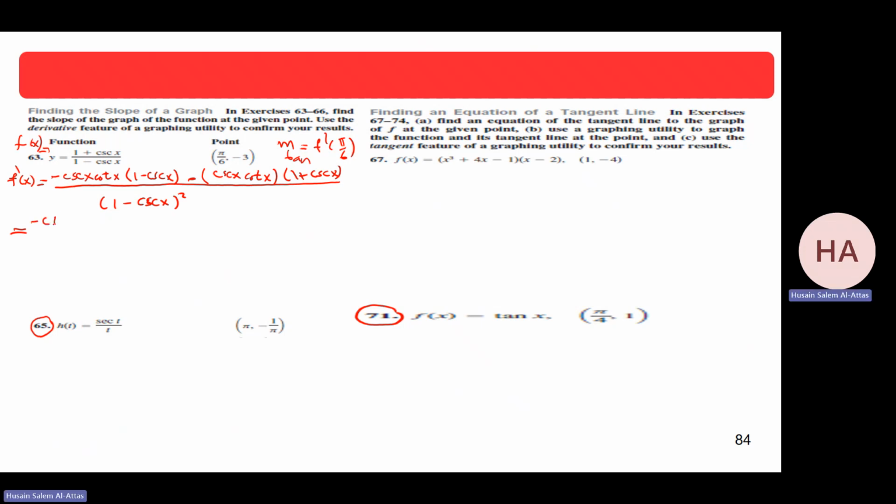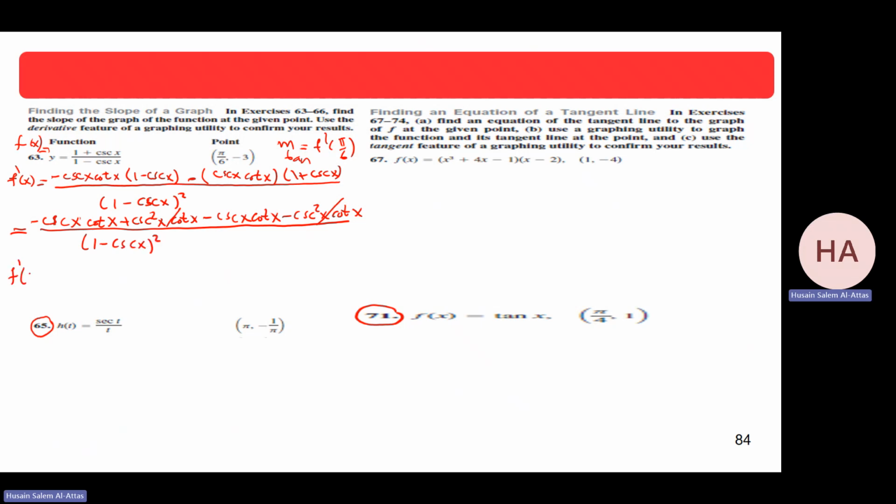I have minus cosecant cotan plus cosecant square cotan x minus cosecant cotan minus cosecant square cotan x. Yes, that will make it easier. This will cancel, over 1 minus cosecant x square.